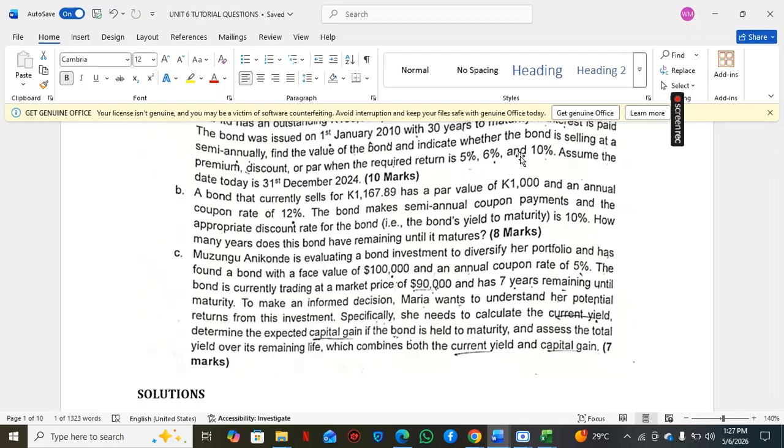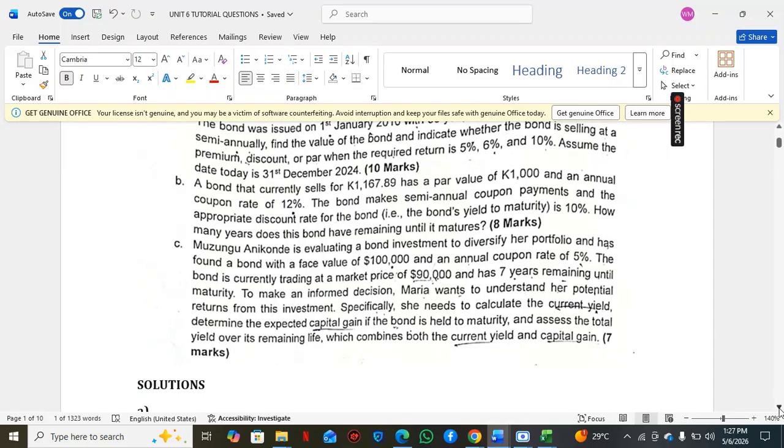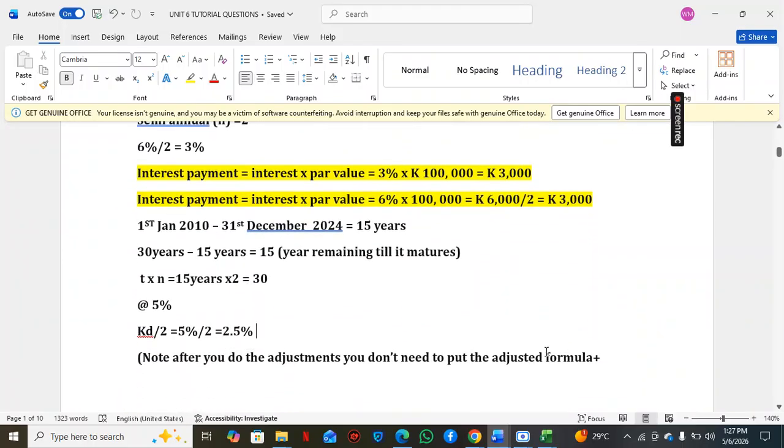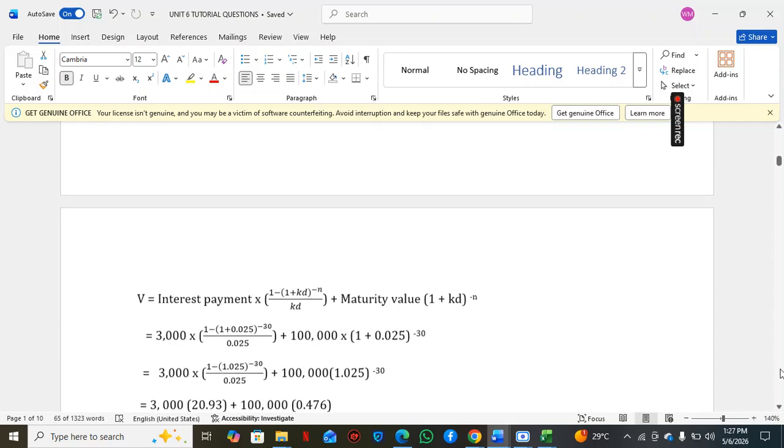Even this required rate of return is divided by 2. So 5% divided by 2, that's 2.5%. Once you've done these adjustments, we can just put it in the formula for the bond.